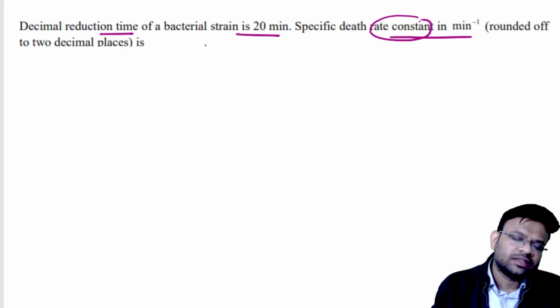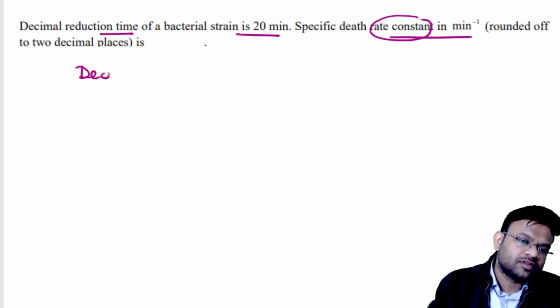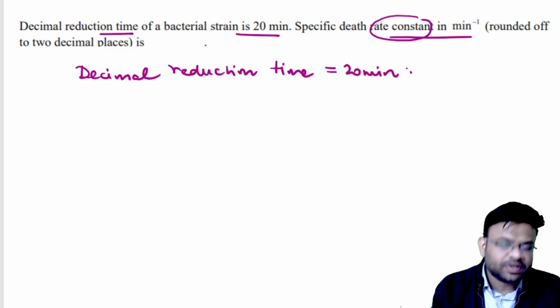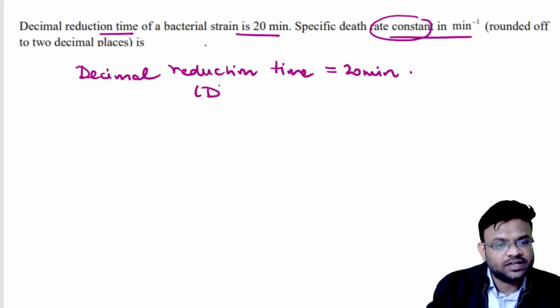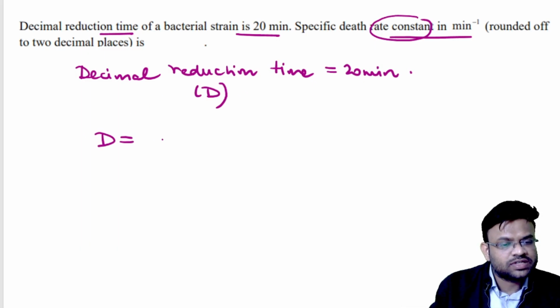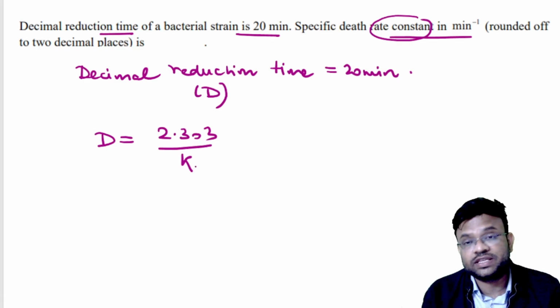Now the formula is very simple for decimal reduction time. The decimal reduction time has been given to you over here as 20 minutes. Now remember that the formula for decimal reduction time, or D value, is 2.303 upon K. Now this K is the KD value, or the specific death rate constant.